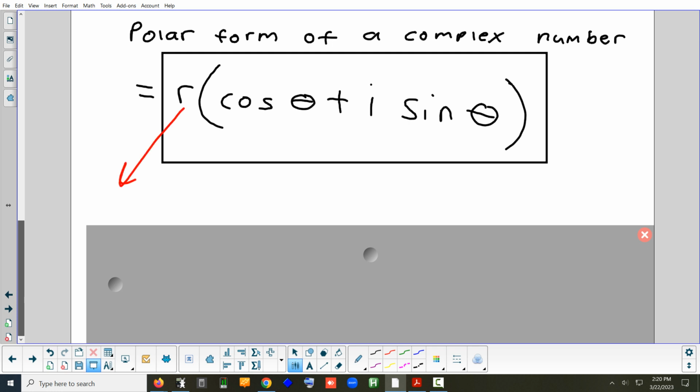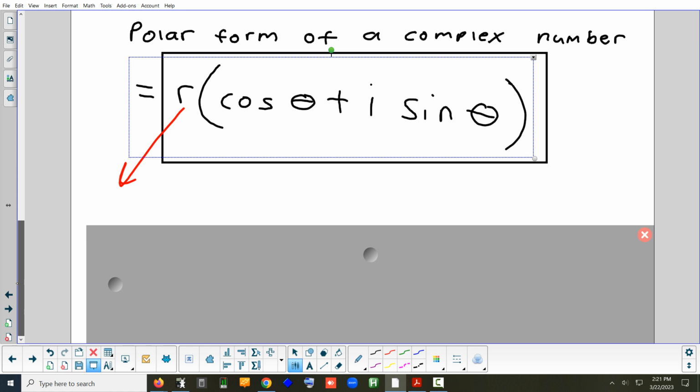R was the Pythagorean theorem, and theta was the inverse tangent of y over x. If you were in what two quadrants? 1 and 4. What if your angle was in quadrants 2 or 3, where you have to add to the inverse tangent of y over x? You have to add 180. So all the formulas that we know are the same. We don't have to do anything different.